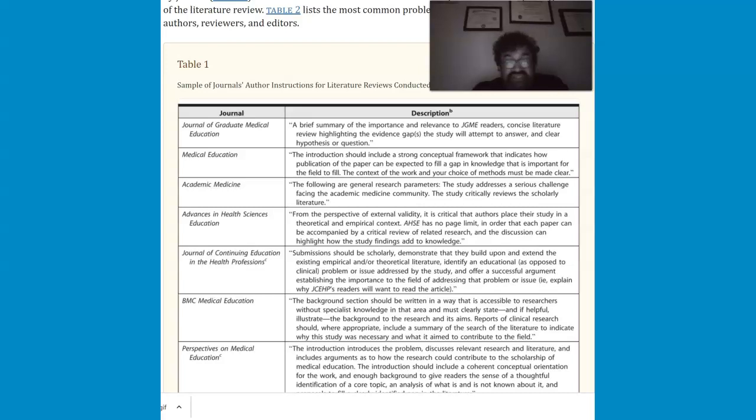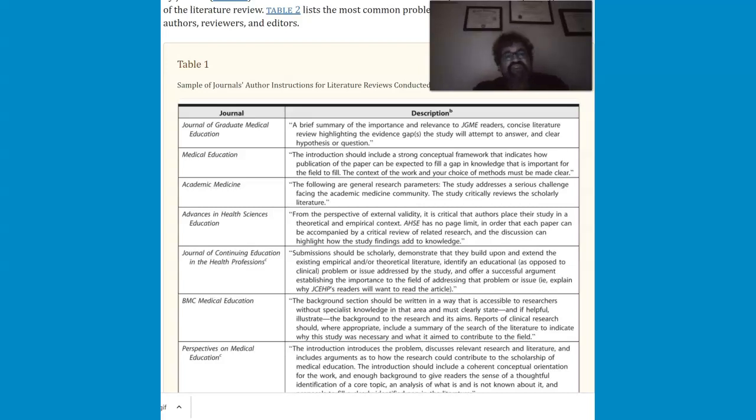So if there's a challenge facing the academic medicine community, for instance, how to impute social determinants, or how to better interact, physician-patient communication. The other ones talk about advances in health sciences education.